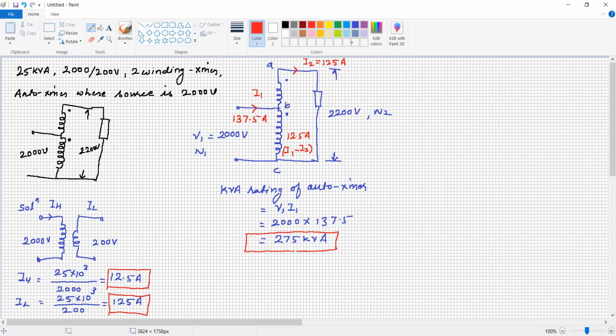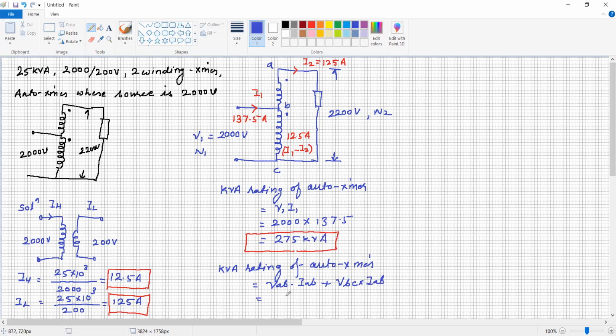Or the kVA rating of the auto transformer may be calculated as VAB into IAB plus VBC into IAB.